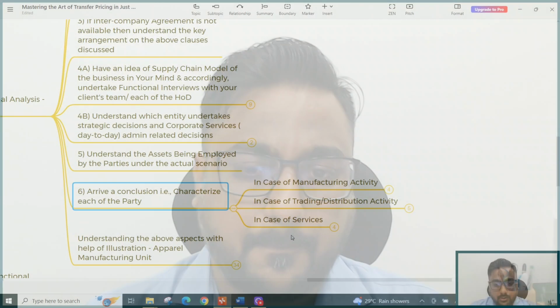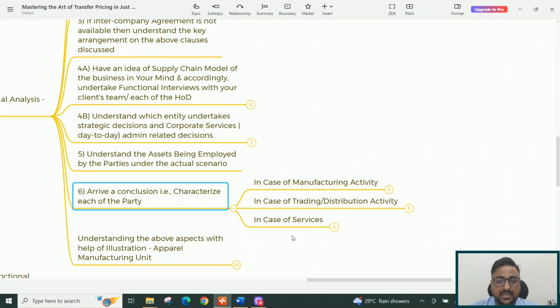I'll move on to the screen where I'll show what kind of different characterizations you can give to your party, right? Now guys, as you can see, in case of manufacturing activity, trading activity and services, most transactions could revolve around these three types of activities only.